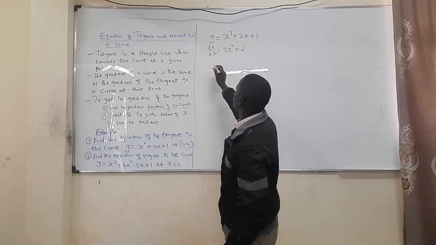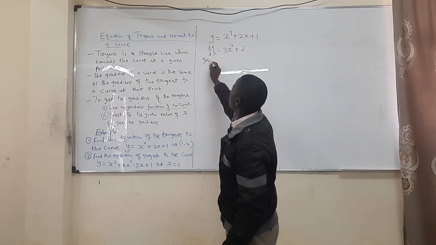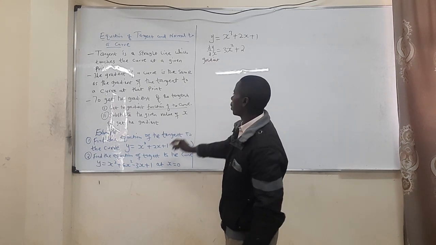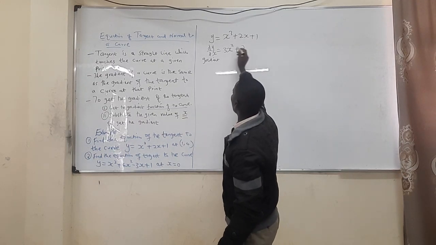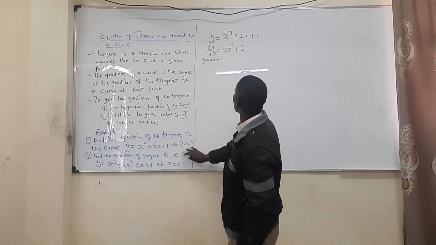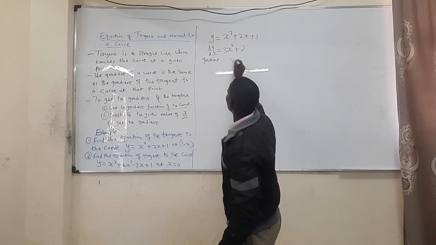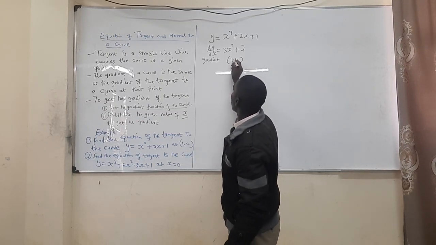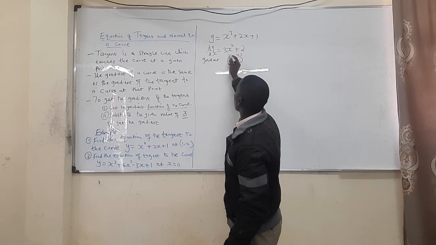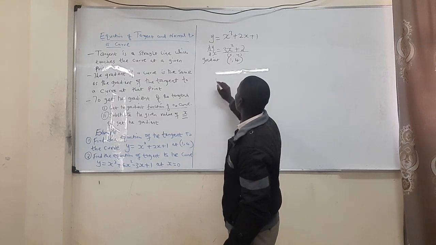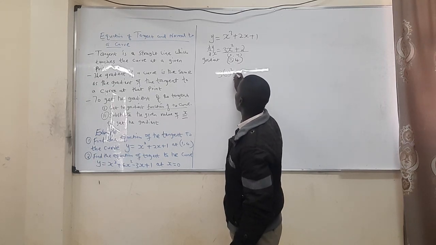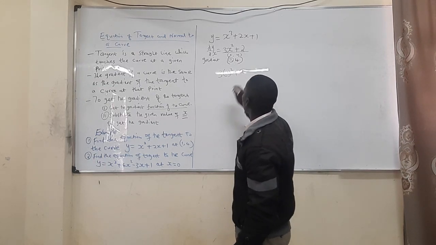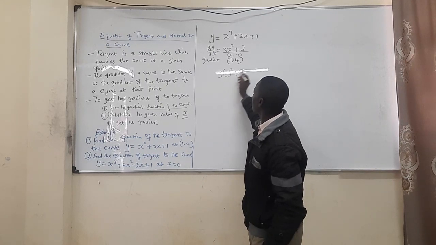Then to get the gradient, we are going to substitute the values of x. So we have the given point as (1, 4). So at point (1, 4), this is the value of x, this is the value of y. So for our derivative, 3x squared plus 2, we replace x with 1, so that you can get the gradient.